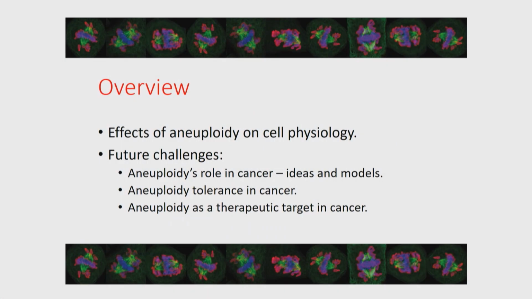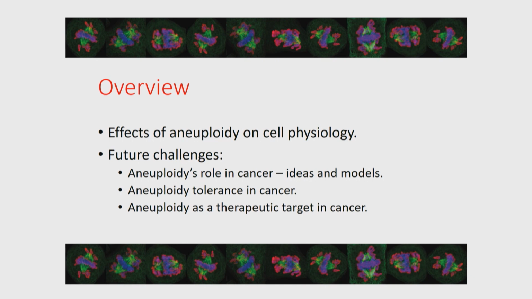So figuring out exactly what it means for a cell to lose or gain a whole chromosome in the context of cancer is difficult. What we decided to do instead is we reasoned that if we want to understand how aneuploidy contributes to cancer, we really first need to understand how the condition affects normal cells. And this is the story that I'm going to tell you about today.